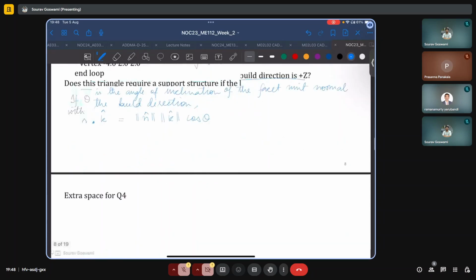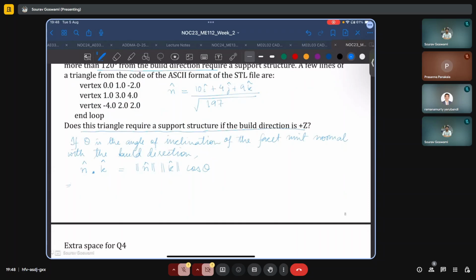Now let us work this out. Then i hat plus 4j hat plus 9k hat by under root 197 times k hat equals, since it's a unit normal vector, its magnitude is 1. K hat is also a unit vector with magnitude 1.